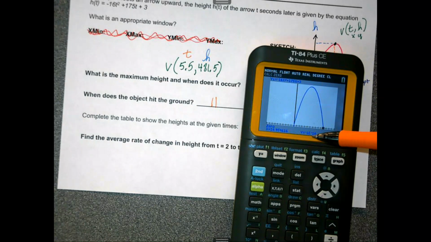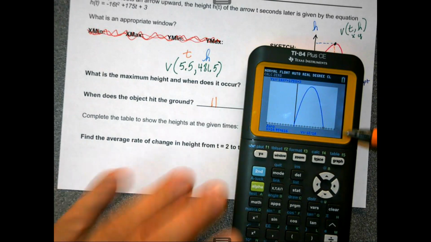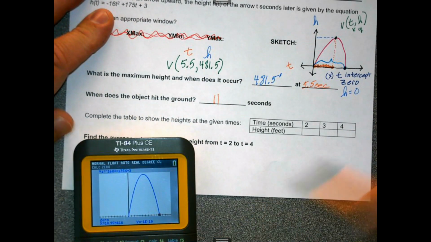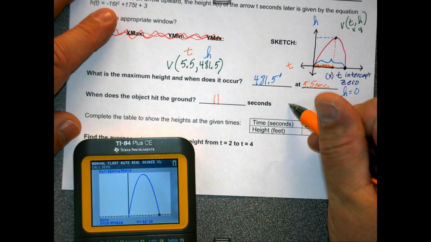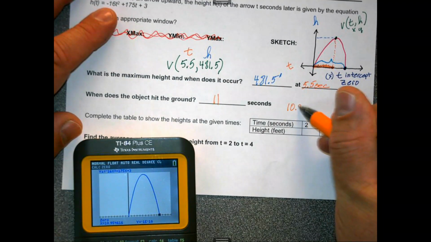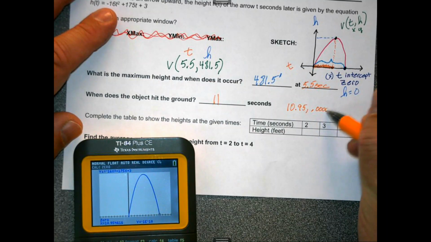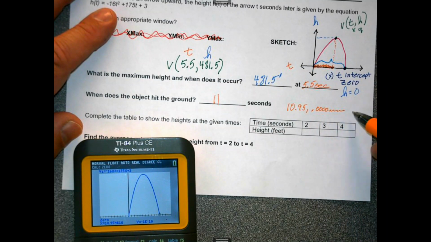Scientific notation, isn't it? That means your calculator is saying, well, this y point is 10.95, comma, point, and then 1, 2, 3, 4, 5, 6, 7, 8, 9, 10 zeros before we hit 1.